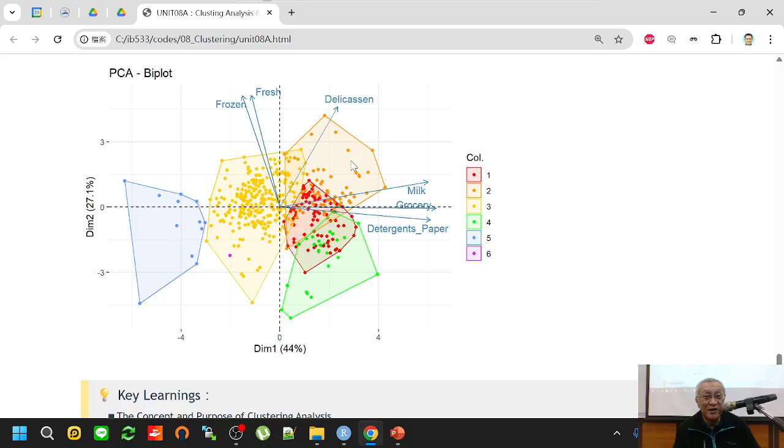And this yellow group is kind of like the average, right? They buy every product, and do not have a very specific preference across the product categories. Okay. How about this group?